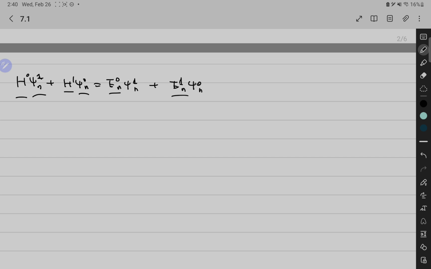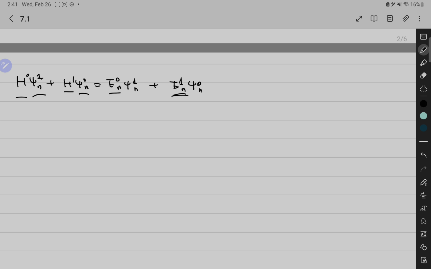So our E1n is the first order energy correction, and it represents the shift in energy due to perturbation. So unperturbed versus perturbed, and the energy difference between them, and we're talking about first order here, which is what E1n is going to be. And if you still think it's not intuitive, just be patient and wait a little bit. We'll get into an example very soon, and you will see what this means very quickly.